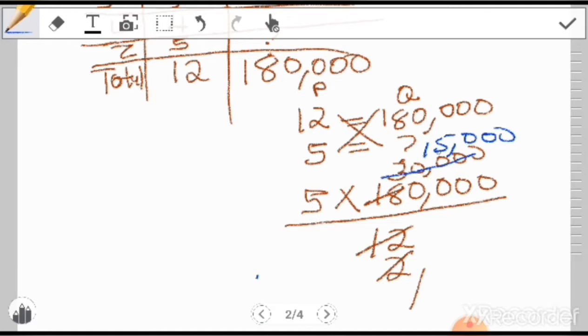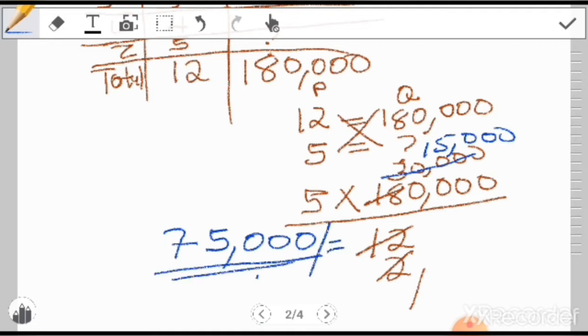Now 5 times 15,000 gives 75,000. This is the amount of money which Zachariah got.